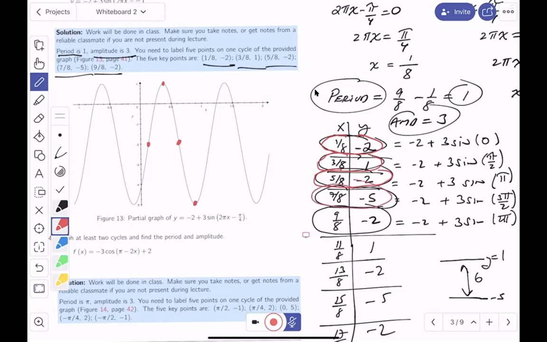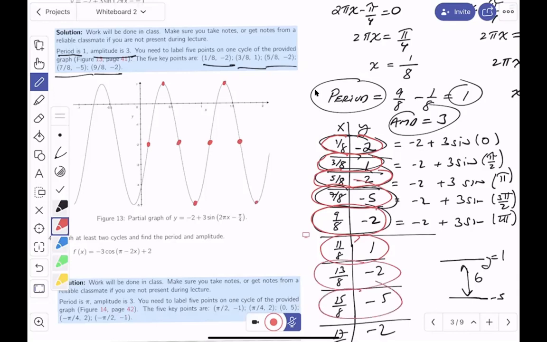Let's do the next number, 9/8, minus 2. 11/8, 1. 13/8, minus 2. 15/8, minus 5.